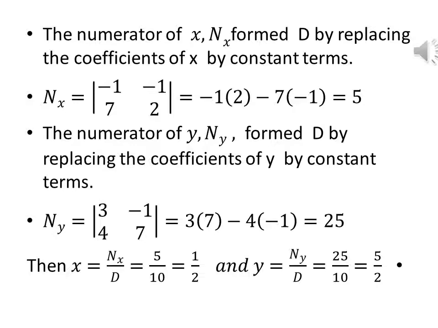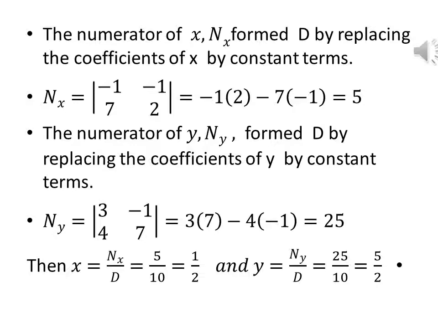So we get Dx: omit the first column, put -1 and 7, the values on the right-hand side of the two equations, and the second column stays the same. So -1 times 2 minus -1 times 7 is equal to 5.